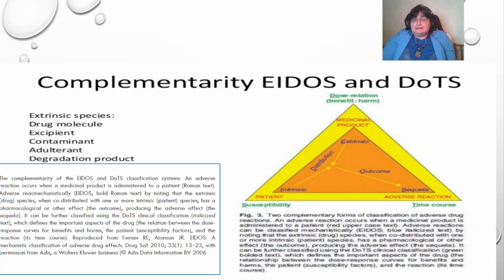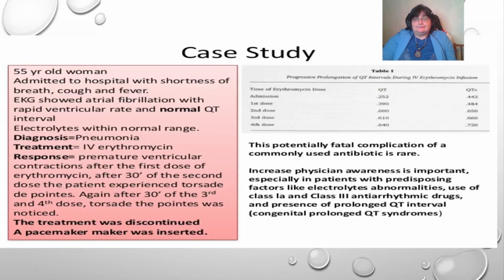It can be further classified using DOTS, the clinical classification, in green bold text, which defines the important aspects of the drug: the relationship between the dose response curves for benefits and harm, the patient susceptibility factors, and the reaction time course. Case study.